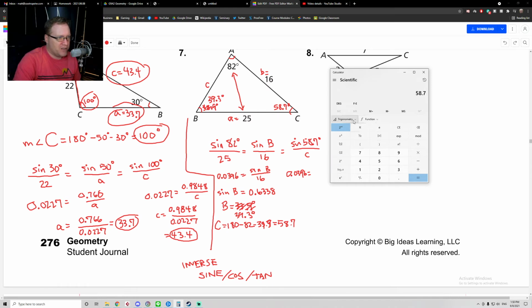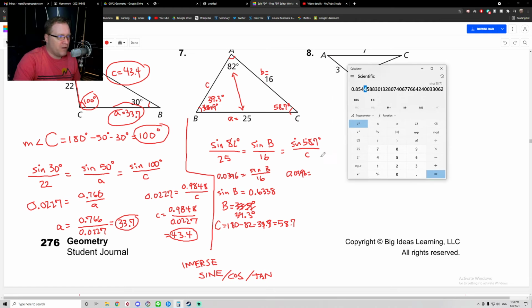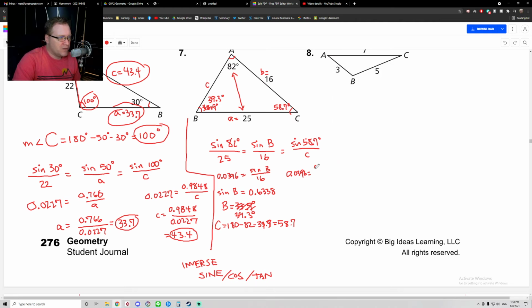The sine is 0.8545, and that's going to be divided by C.